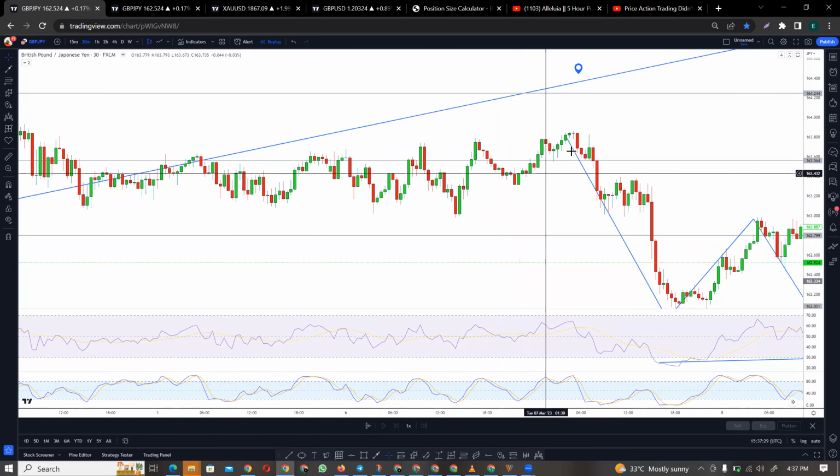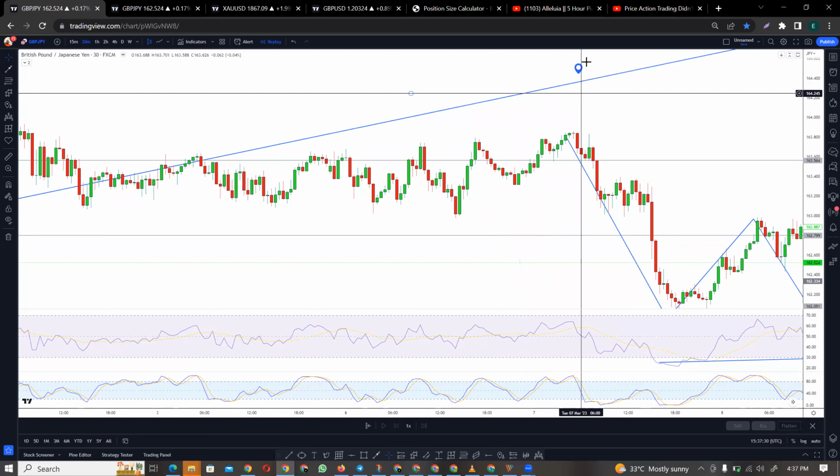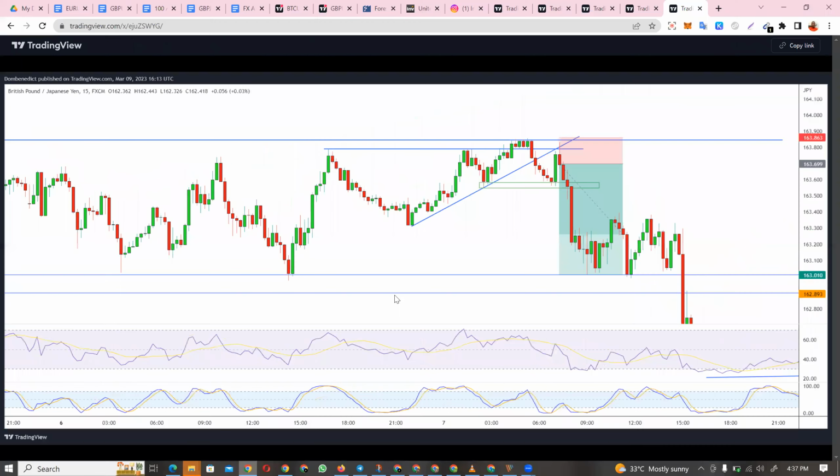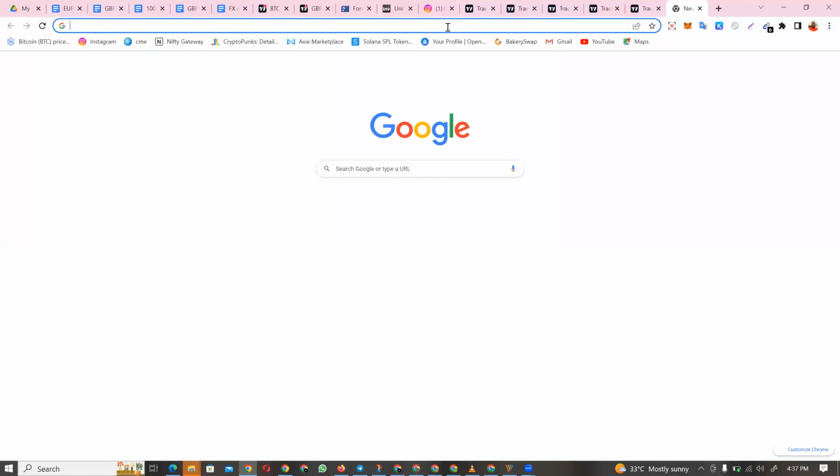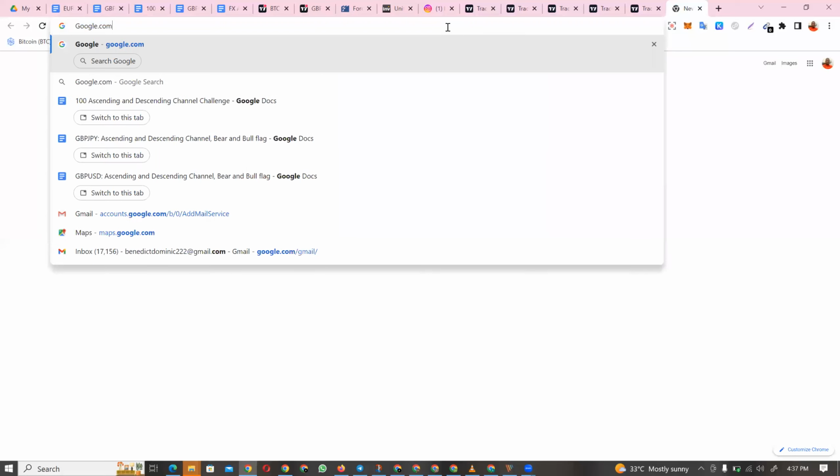You have not taught us how to create the documents. Okay, wonderful. If you log in to your Gmail account on google.com, you just type google.com.